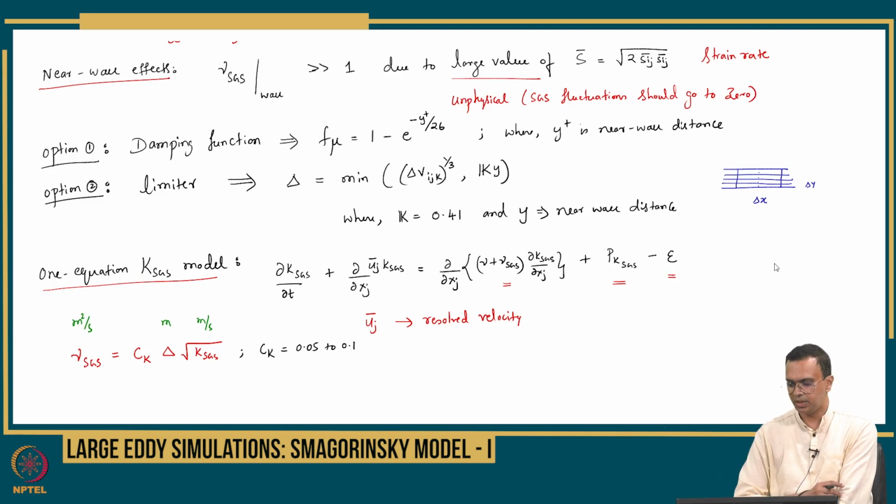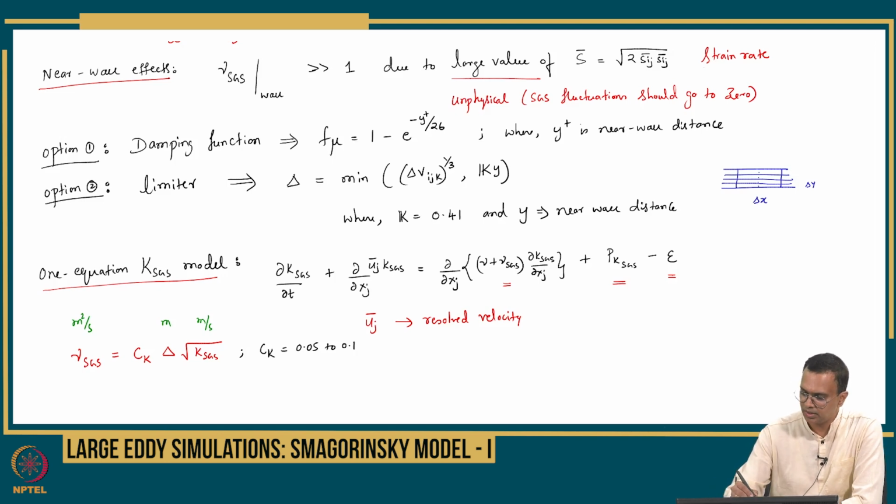But the other two things you need to figure out, one is P_kSGS, other one is epsilon. So now what should be the production rate of k_SGS? If you look into an energy spectrum, let's say I have an energy spectrum E(k), k is the wave number here. So this is the wave number spectrum.